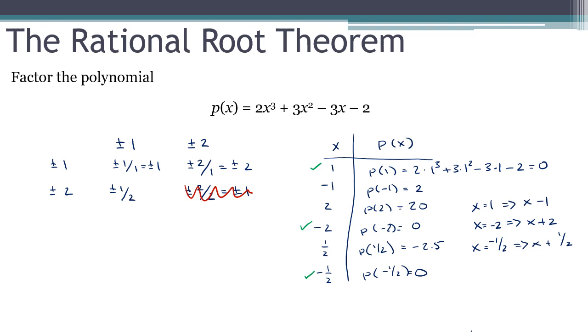The factorization of this thing is x minus 1 times x plus 2 times x plus 1/2. Now, we've run into a little bit of a problem, right? If you go to test this, you will see that it doesn't work. If you try to multiply this out, just look at the first terms.